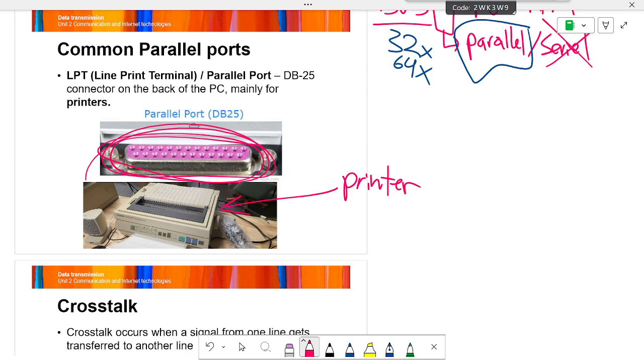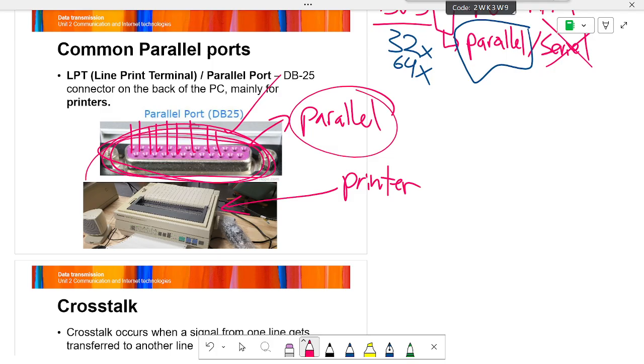Yes, how do you know that this is parallel? Because you have multiple pins. If you see multiple pins, you already know it's a parallel transmission. So if on a test they ask you to give an example of a parallel port, you can say printer. The old printer ports were parallel.